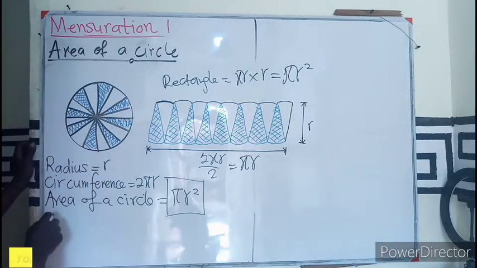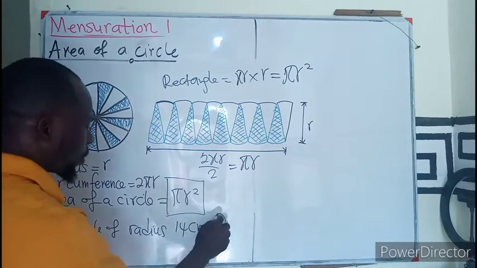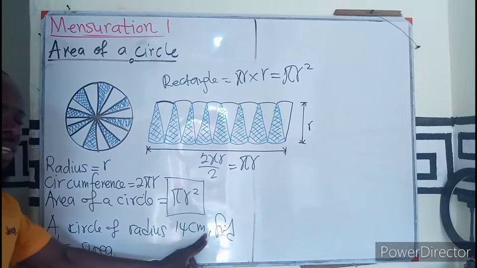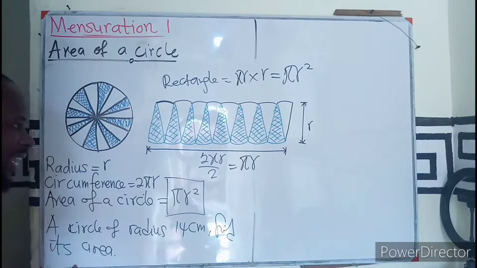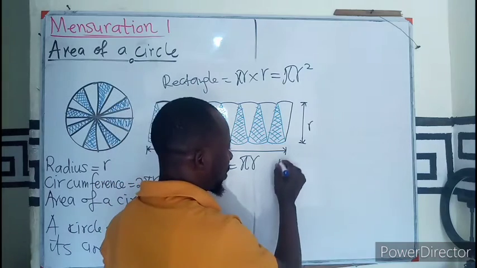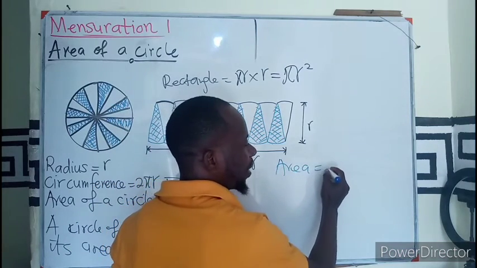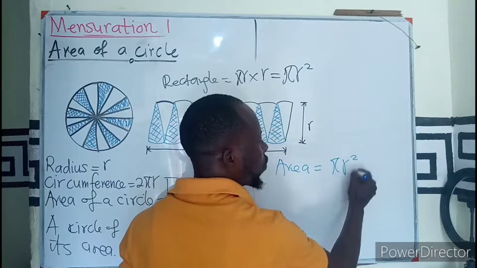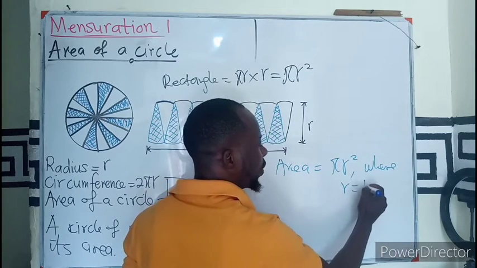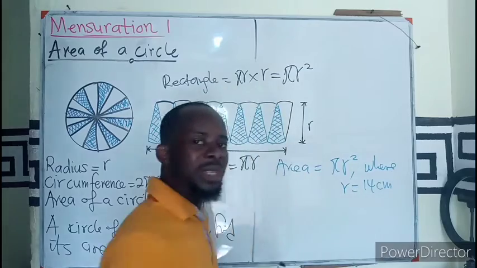So if I have a circle of radius 14 centimeter, we have to find the area. That simply means that my area of any circle is pi r squared, where in this case our r is going to be 14 centimeter.